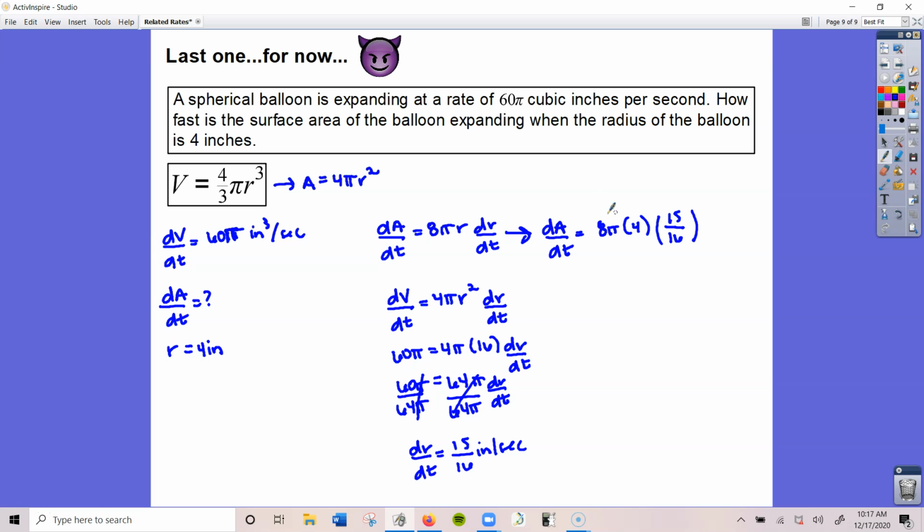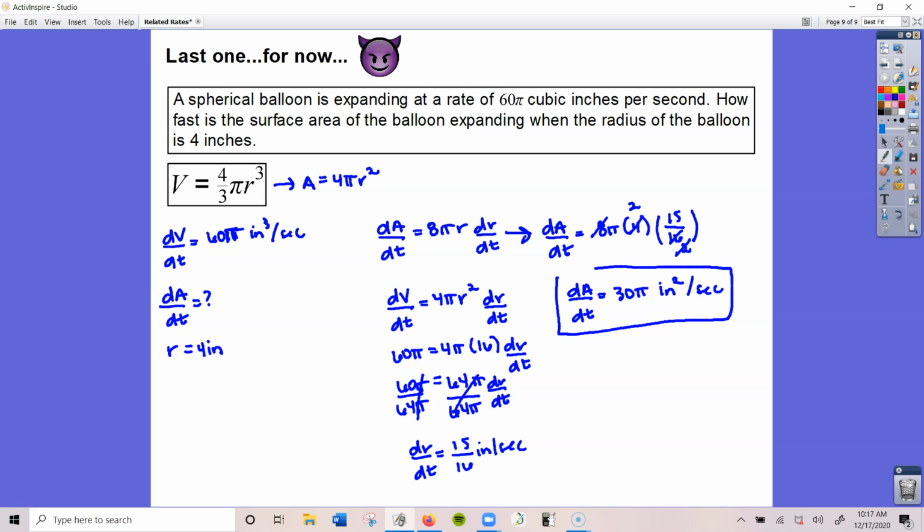And what I like to do here is simplify as much as I can before I even multiply. 8 and 16 can be divided by 8. And then 4 divided by 2 is 2. So really dA/dt is just when I multiply the 2 pi with the 15. So 30 pi, and this is, remember our units, inches squared per second.